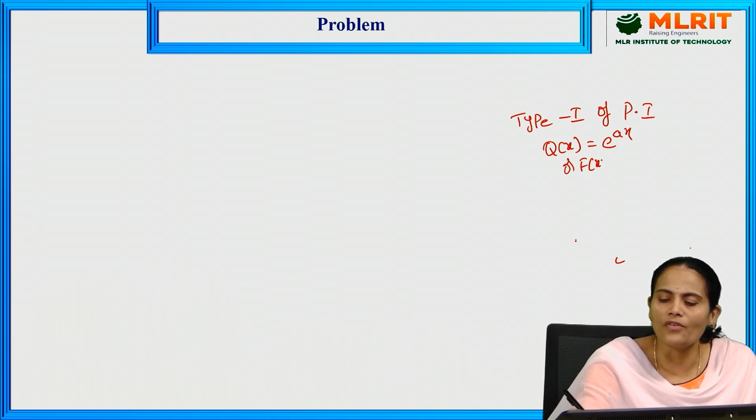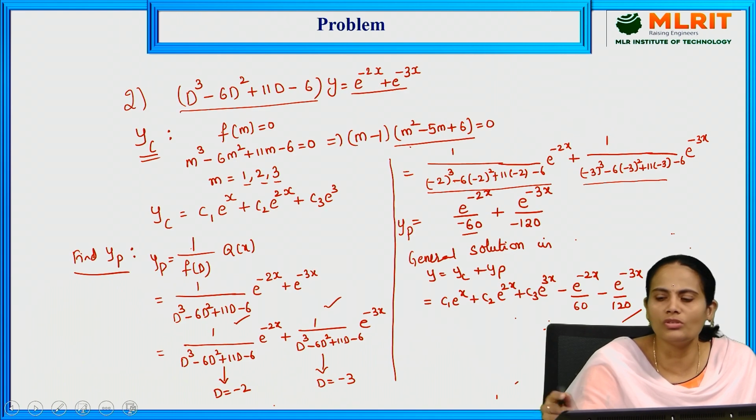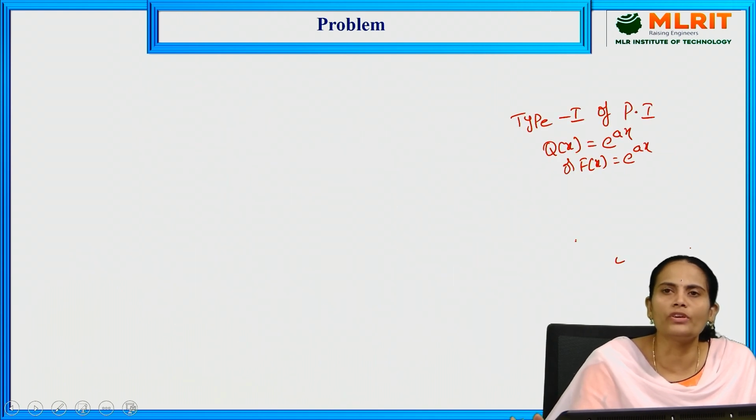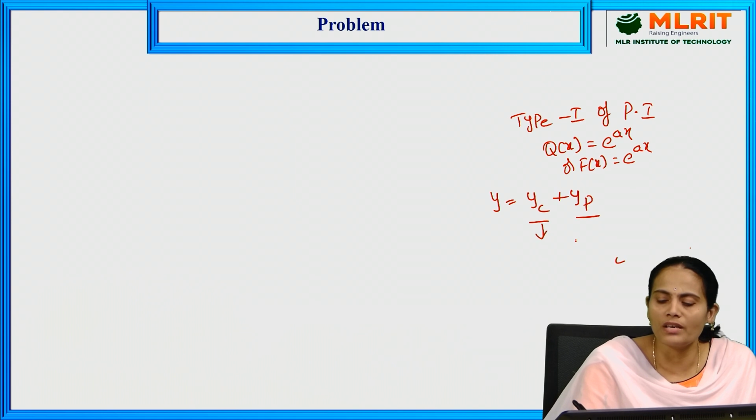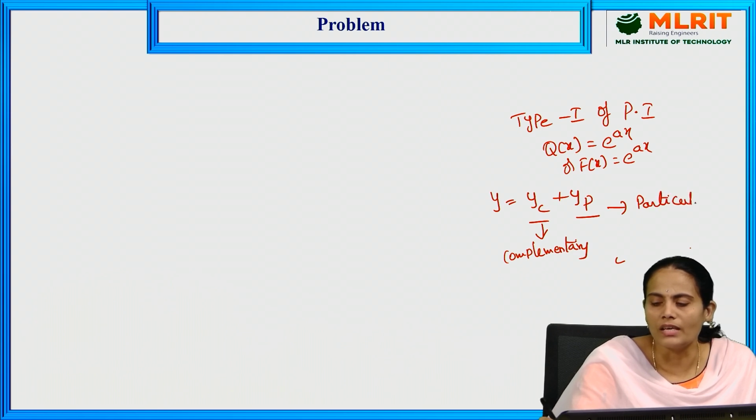The general solution of a non-homogeneous linear differential equation with constant coefficients is y = yc plus yp, where yc is the complementary function and yp is the particular integral.